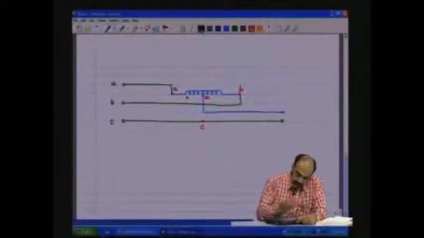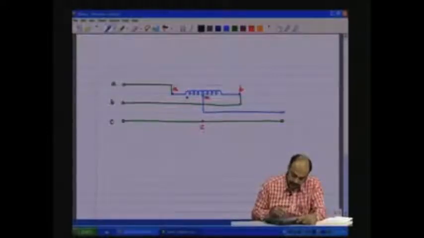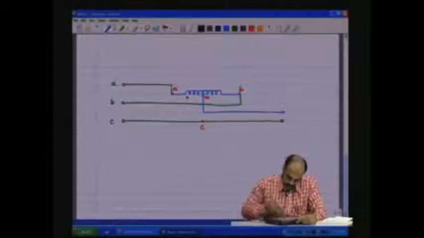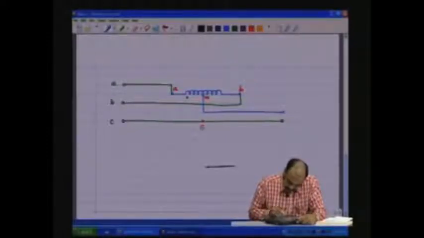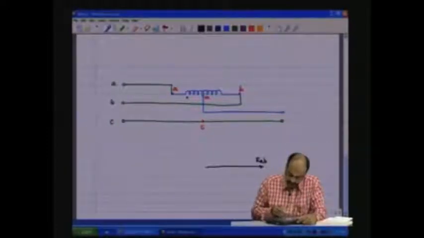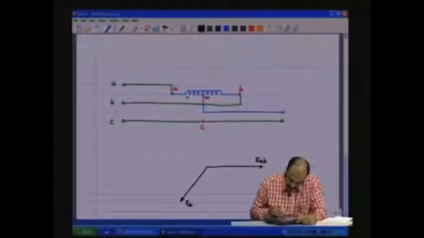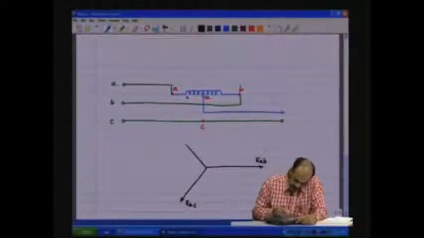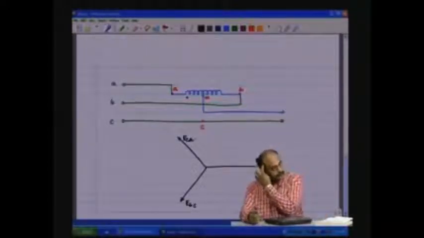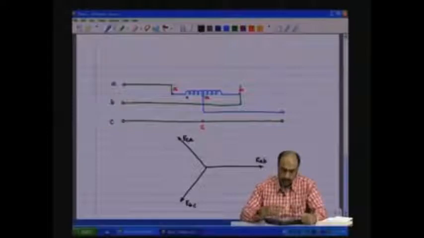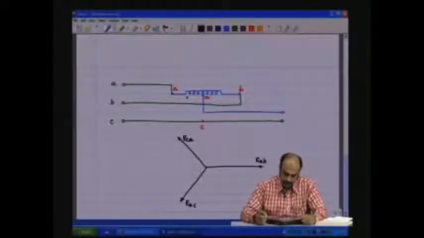Now, let us draw the phasor diagram. We know that if I am having EAB along this, EBC will be 120 degrees lagging EAB, and then you have ECA another 120 degrees lagging EBC, or 240 degrees lagging EAB.